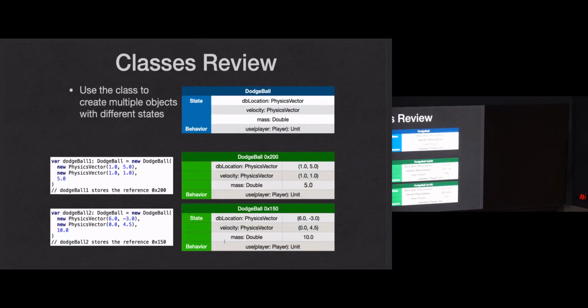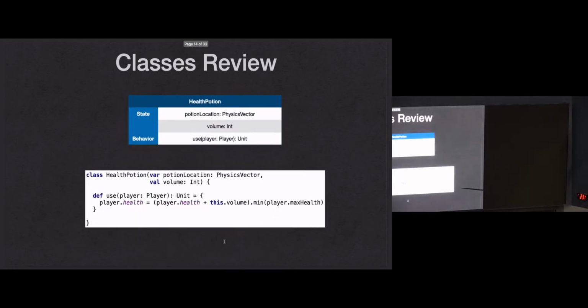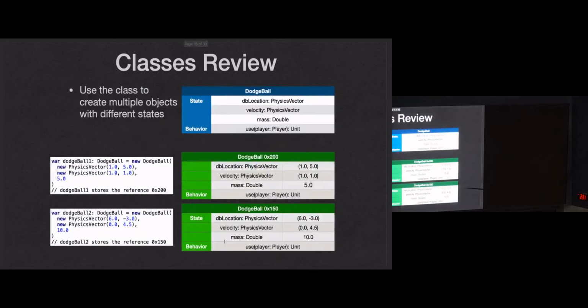Yes? They can appear anywhere. So typically, you'll have your classes in separate files. Like these classes would be in three separate files. And as long as you are in the same package, then you can just start using them.